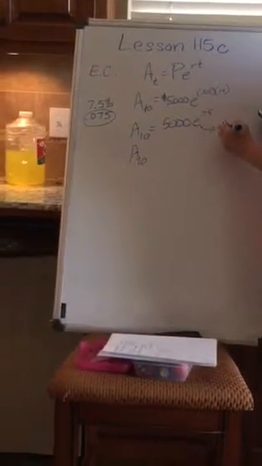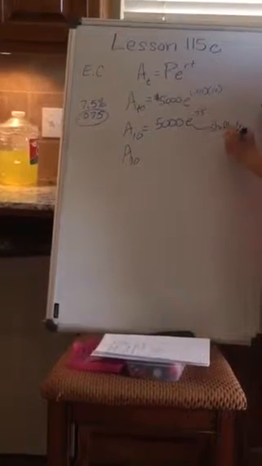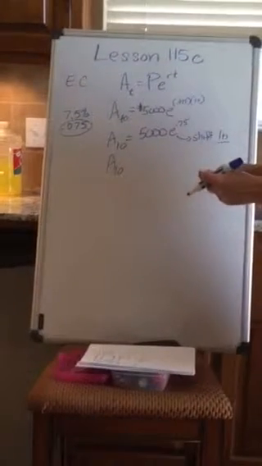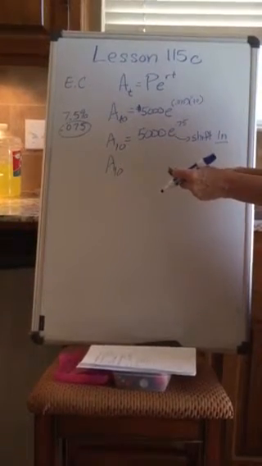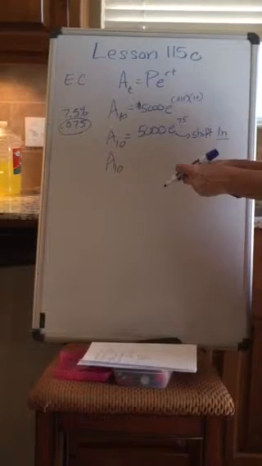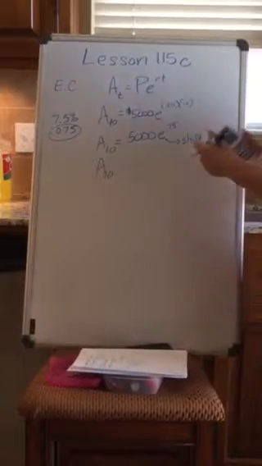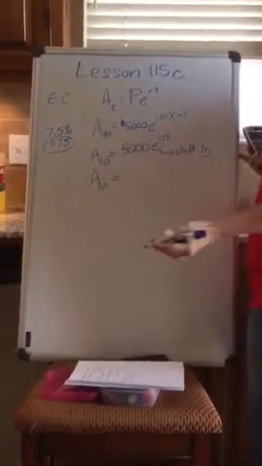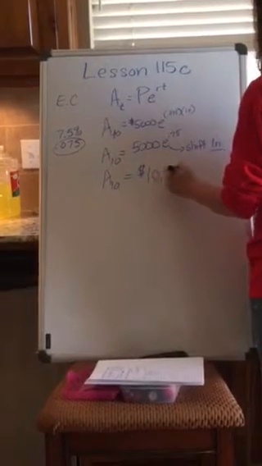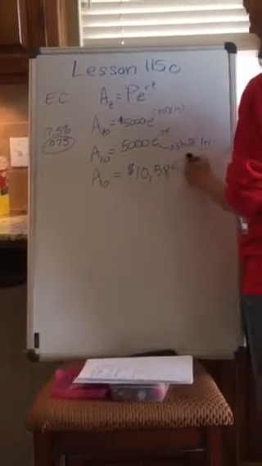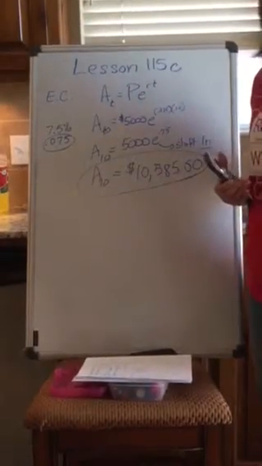It's shift LN, because e is your natural log. So it's 5,000 times e to the 0.75, and just after 10 years, I'm going to have $10,585.